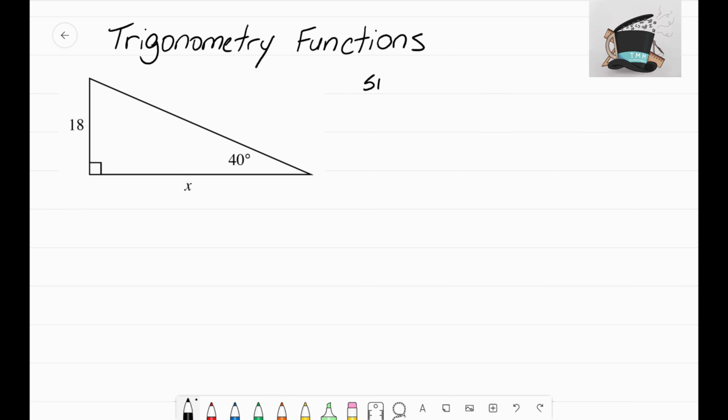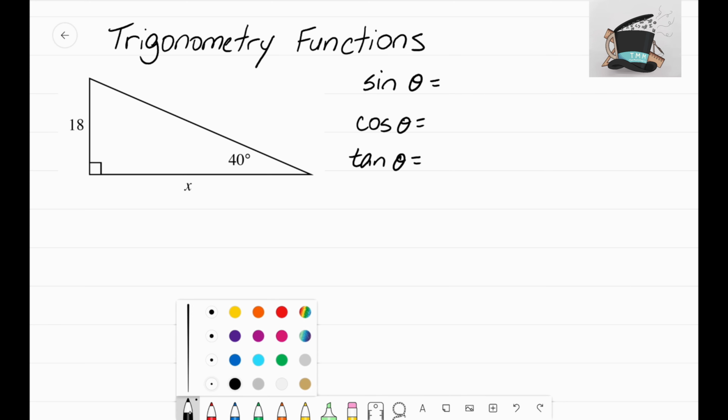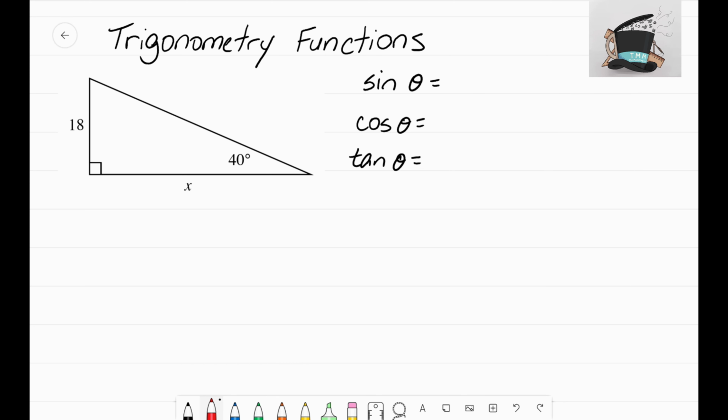So we have sine of theta, cosine of theta, and tangent of theta. Remember, theta here refers to the angle inside the triangle. Sometimes we call it our reference angle. Now sine theta is always going to be opposite over hypotenuse.